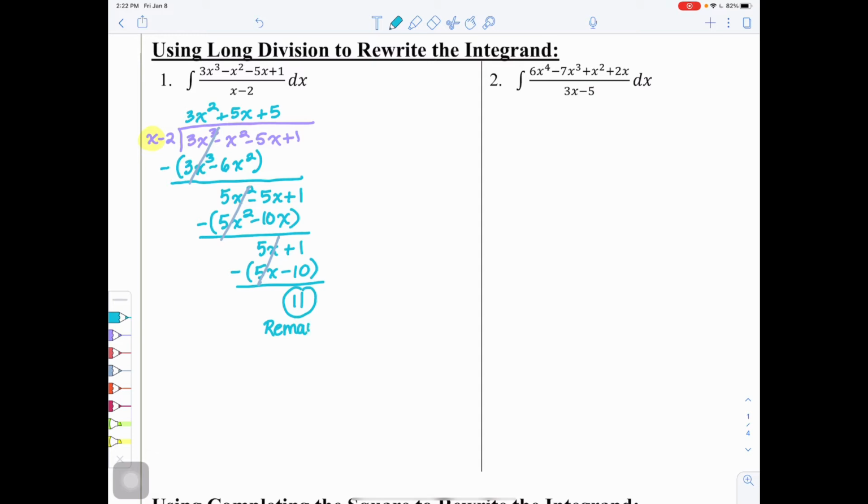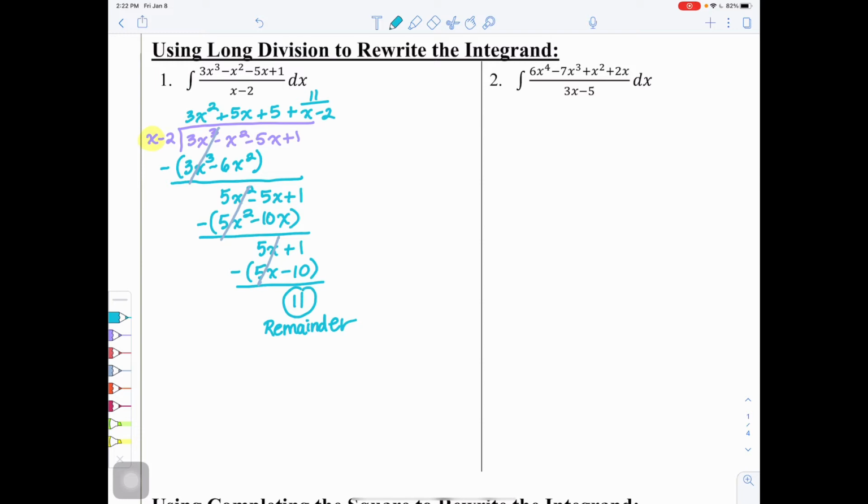Now, if you remember with division a long time ago, this is actually equal to the quotient plus the remainder 11 over the divisor. So this function divided by x minus 2 is equal to that polynomial with that remainder term on it. I hope you remember that. I'm sure you do.